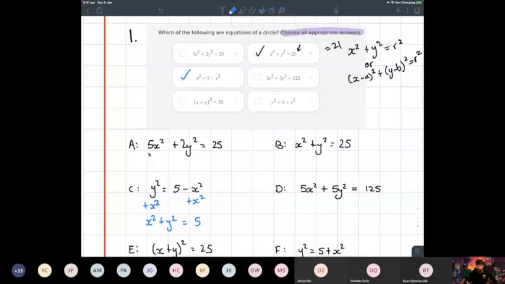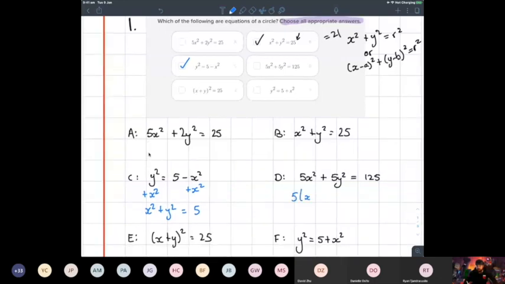If I look at the left-hand side, 5x squared plus 5y squared, I can think of it as 5 outside of x squared plus y squared, and 125 divided by 5 is just 25. So when we factorize and divide that common factor from both sides, we are left with a circle as well.